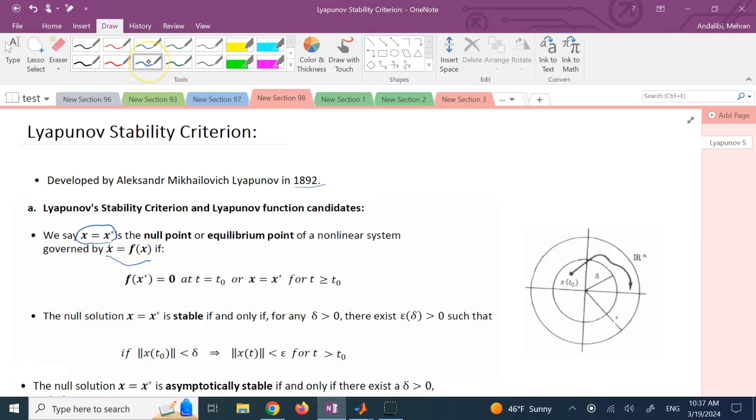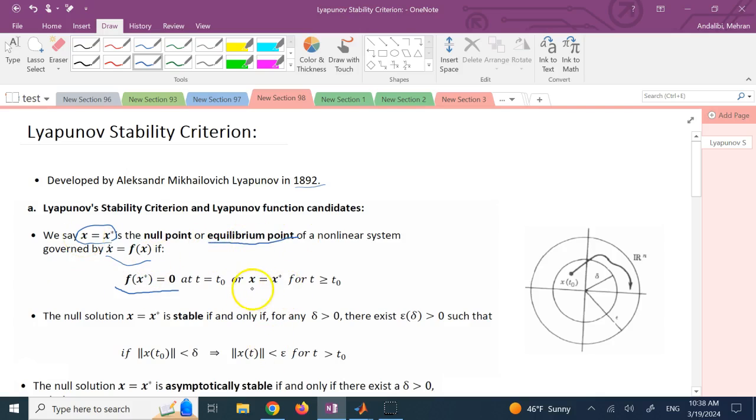If f of x becomes 0, then x dot is going to be 0, and when x dot is 0, that means x is not going to change. So it's going to stay there, and that's why we call it equilibrium. Where f of x is 0, that's the equilibrium.